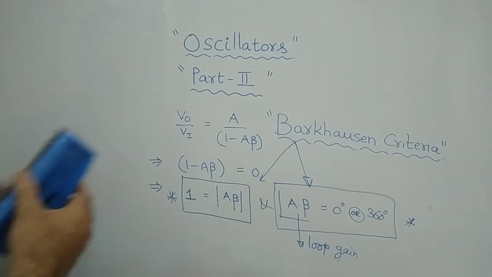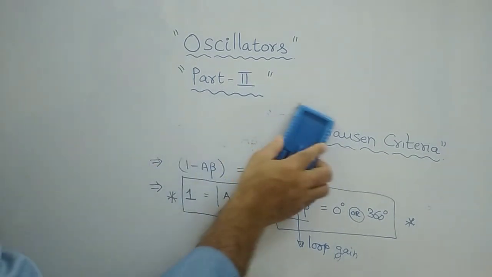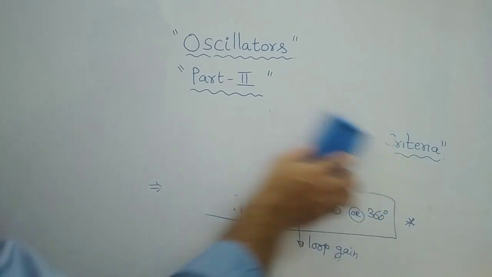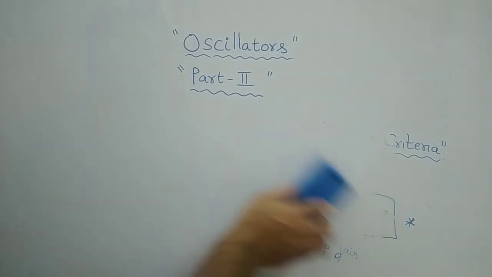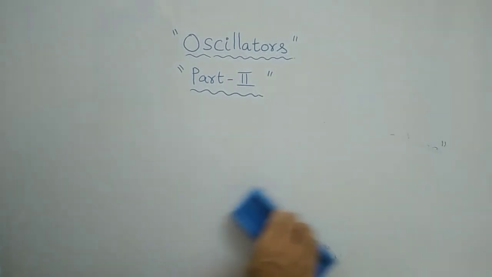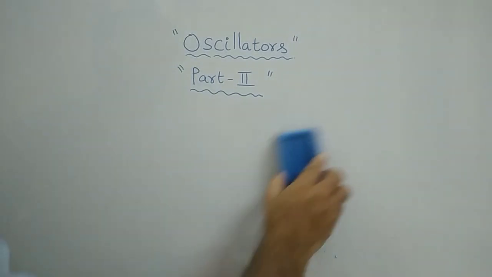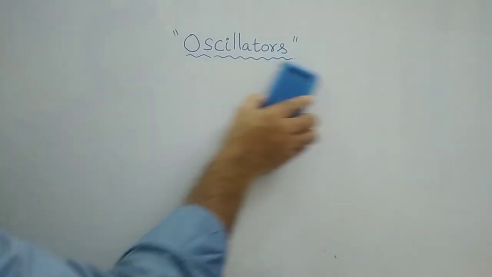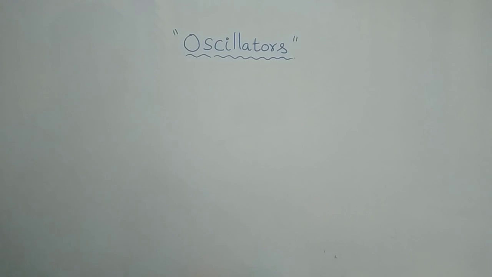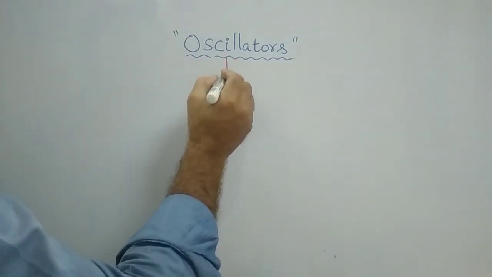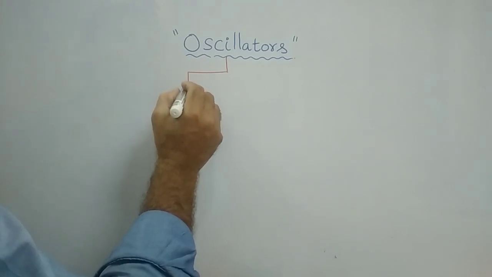Now we will see what the types of oscillators are. In general, oscillators are classified broadly into two categories.